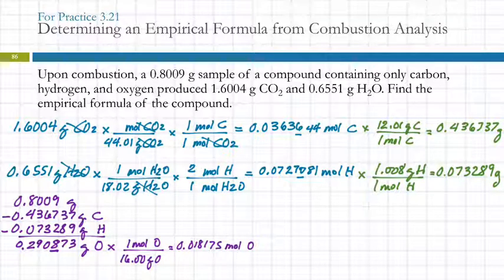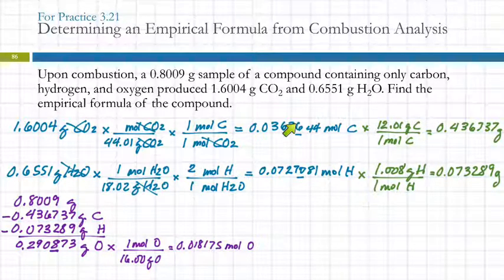Moles of oxygen. This is a great example of why it's important to be able to show your work and write stuff down so it makes sense. This one would be really, really tough to do in your head. I wouldn't even try it.